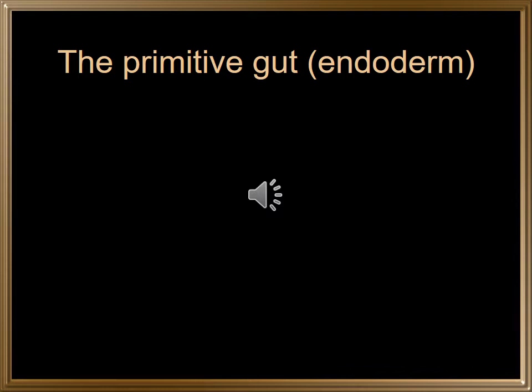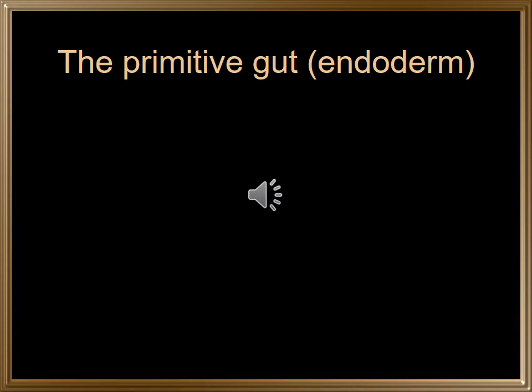This primitive gut, this tube, is not intact throughout, because at one point it will be communicating with the regressing yolk sac. So at one point close to the umbilicus or the attachment of the umbilical cord, the gut maintains its connection for some time with the yolk sac.